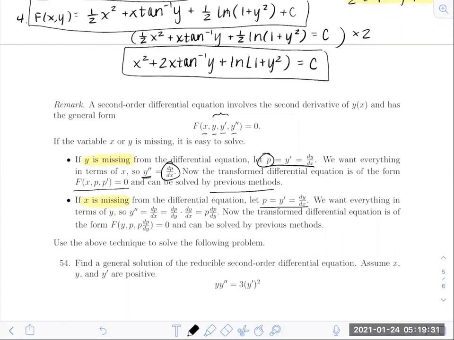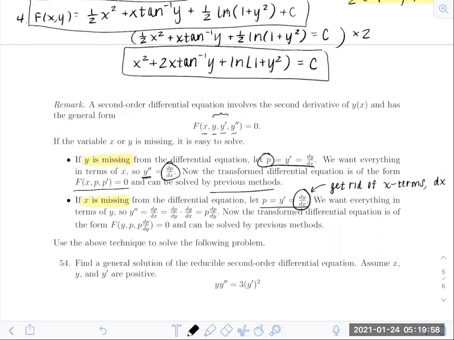So right out of the gates, we have an issue here. Look at how we've written p. It is in terms of dy dx, and we want to get rid of x terms. That includes the dx differential, which we're seeing in the denominator. So this is where things get a little bit hairy.